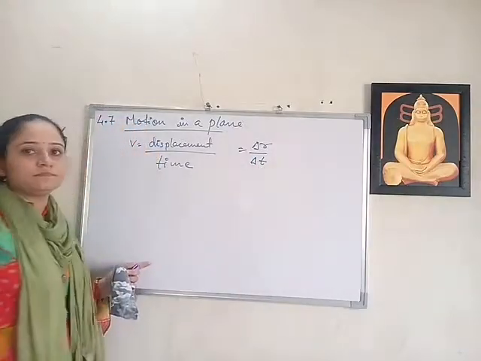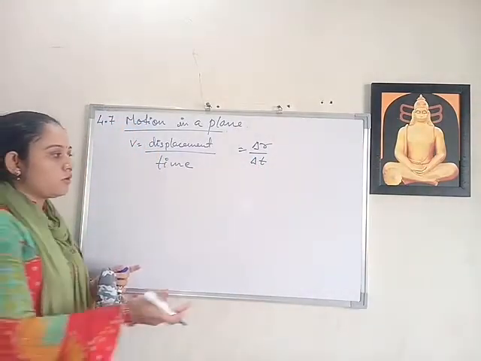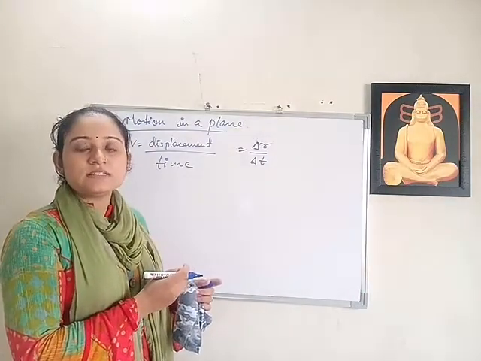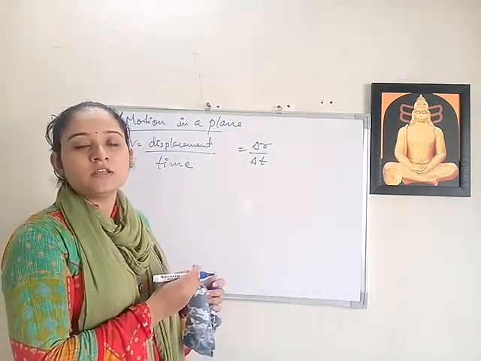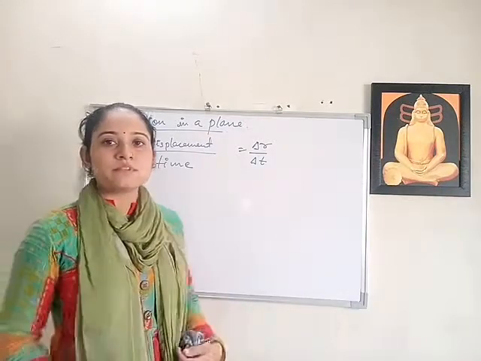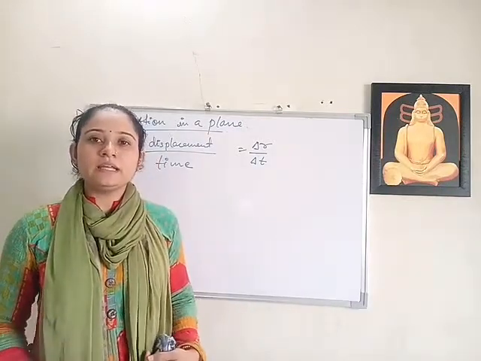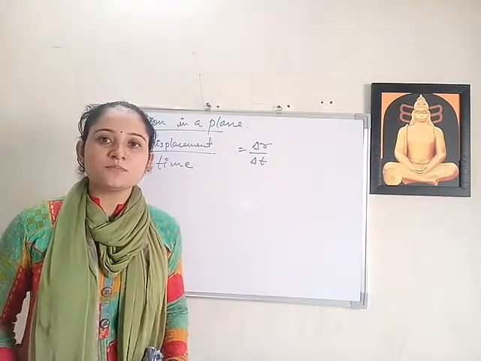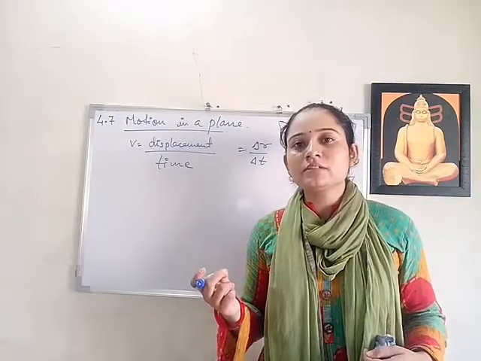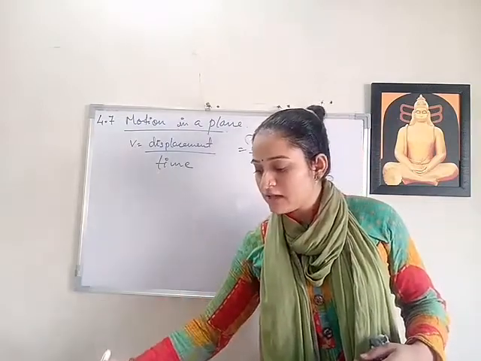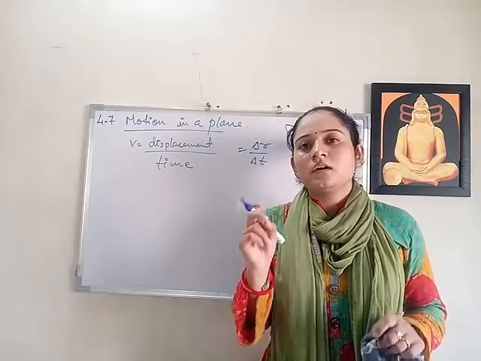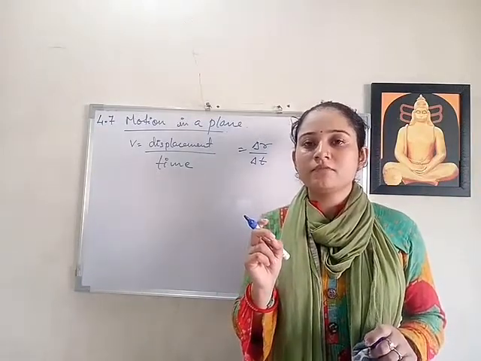What is the change in time? Delta t. Clear? Because if any object or the particle changes its position, there is the difference in the time also. If I am standing here at time t and when I move from this position to the next position, there is some small amount of time difference.